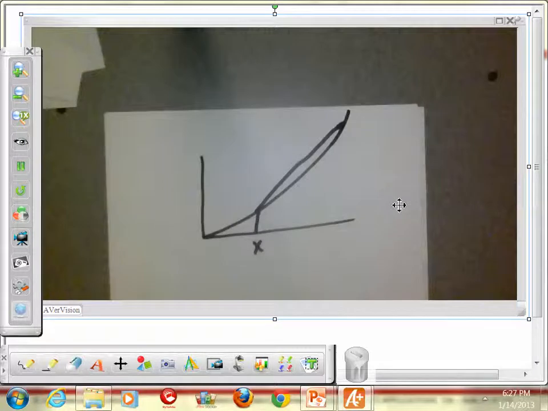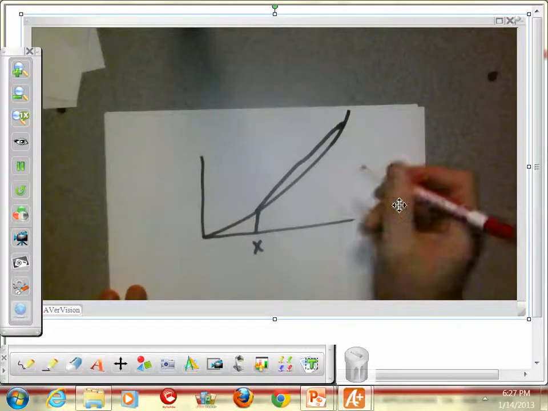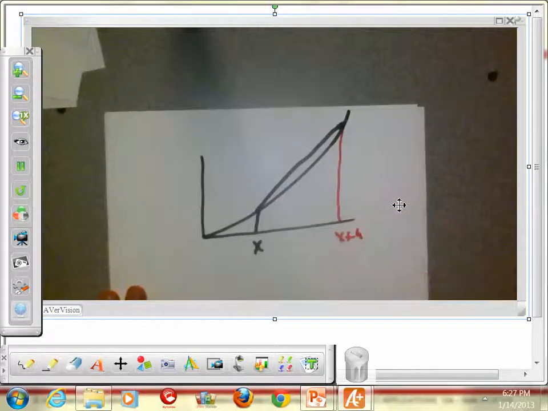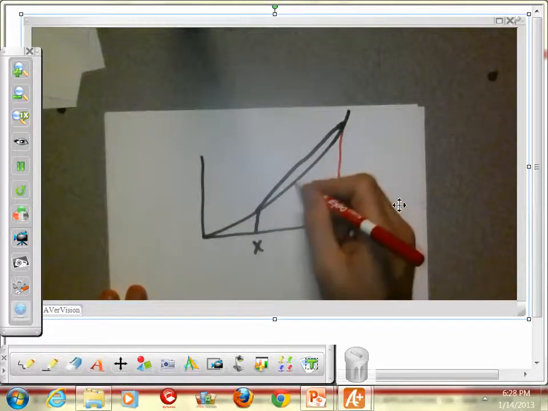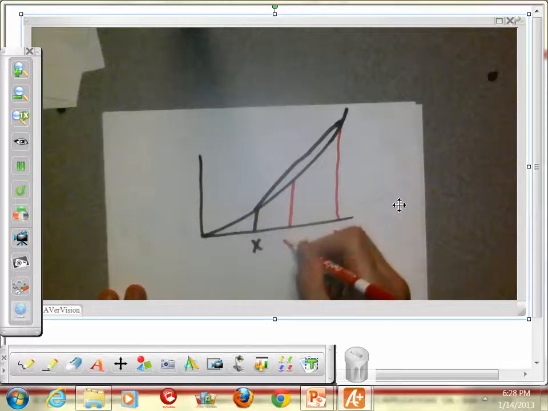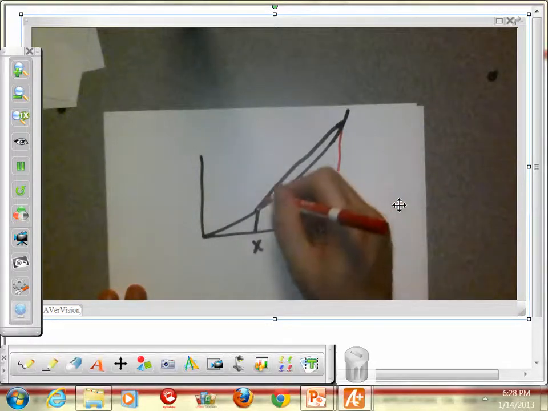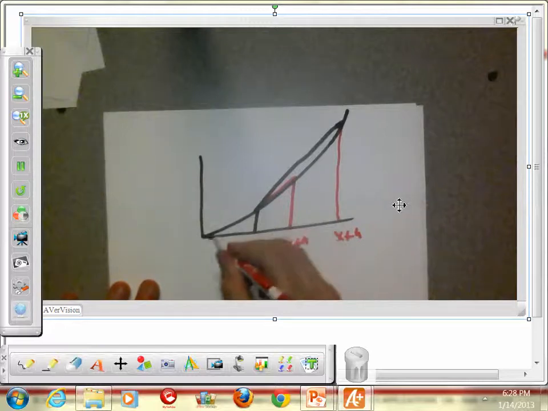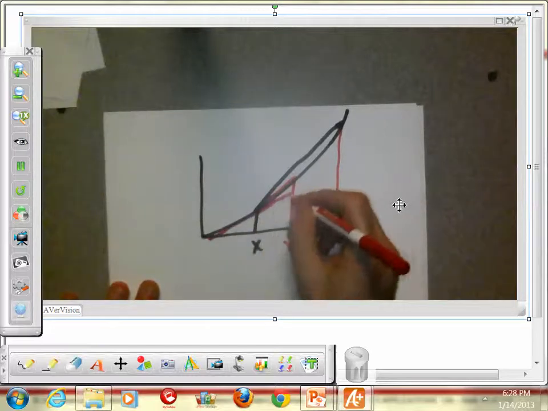As h goes to 0, these 2 points are getting closer. So this is my x plus h. Then if I make h smaller, it means I'm picking a closer point on the curve. Say here's my x plus h. I connect those 2 points with a straight line. I find the slope of that. That's the slope of my tangent line. That's the derivative, if as h goes to 0, I eventually wind up with this line over here.